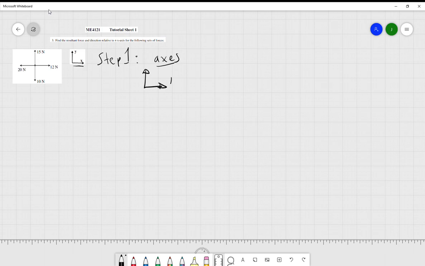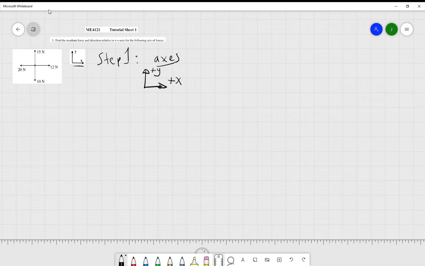So typically I always say that this direction here is the positive x and this one here is positive y. You don't have to do the other directions, because I can infer that this is negative x and this is negative y, so there's no need to do it. As a rule of thumb, I really would get you to draw this so that I know that you know what you're talking about.